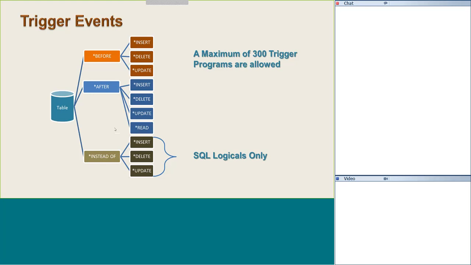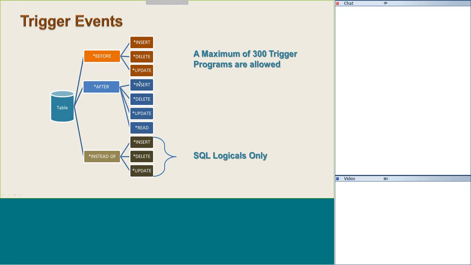So you have 7 events, 3 before, 4 after, and you can attach multiple programs to each event, or you can attach the same program to multiple events. My norm is to attach one program to the 3 before events and one program to the after events if I need all of them.